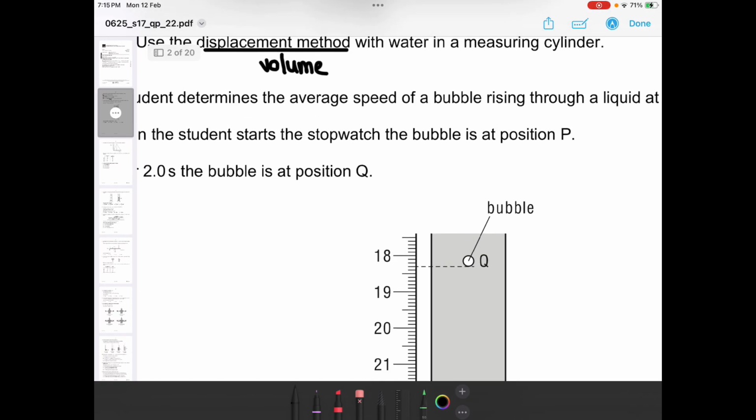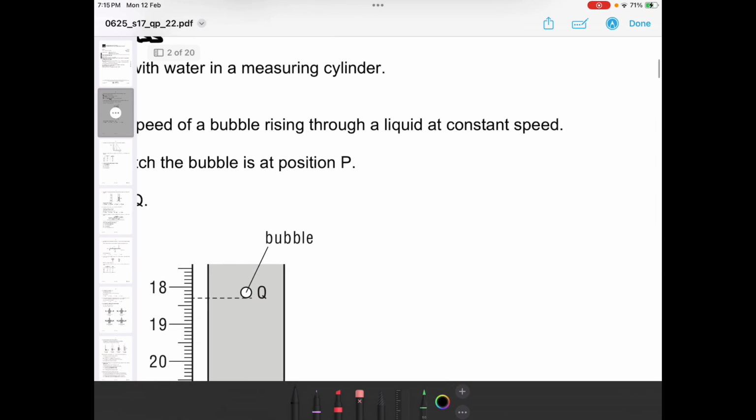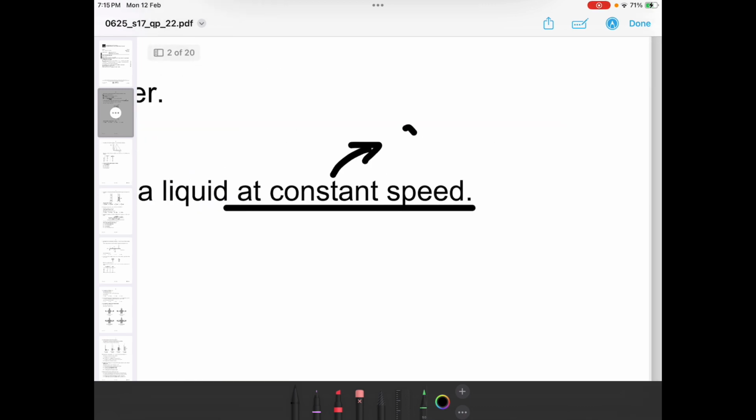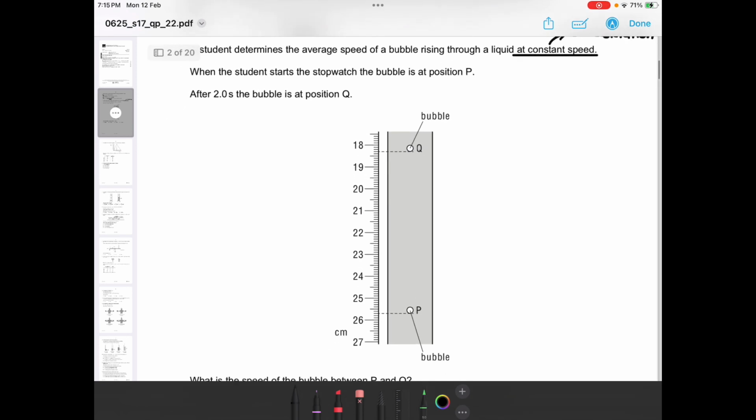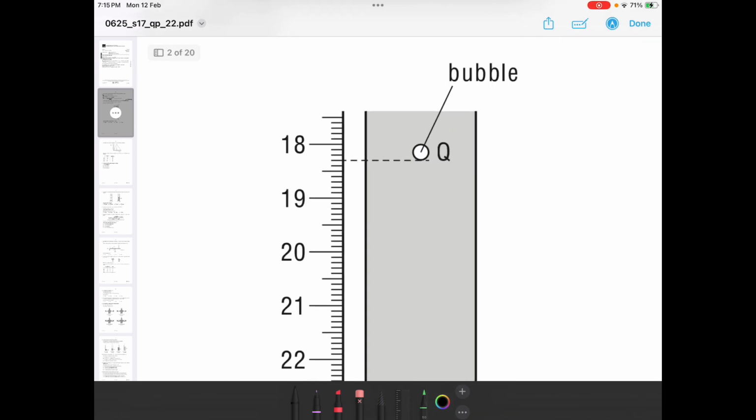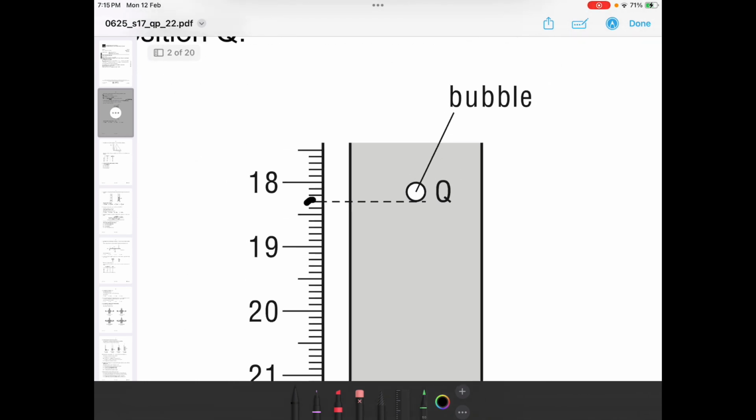A student determines the average speed of a bubble rising through a liquid at constant speed. Constant speed means 0 acceleration. When the student starts the stopwatch, the bubble is at point Q. Okay, so let's see point Q. It's right over here.